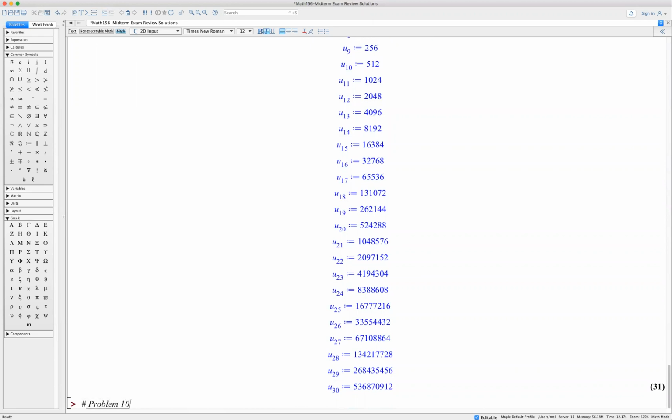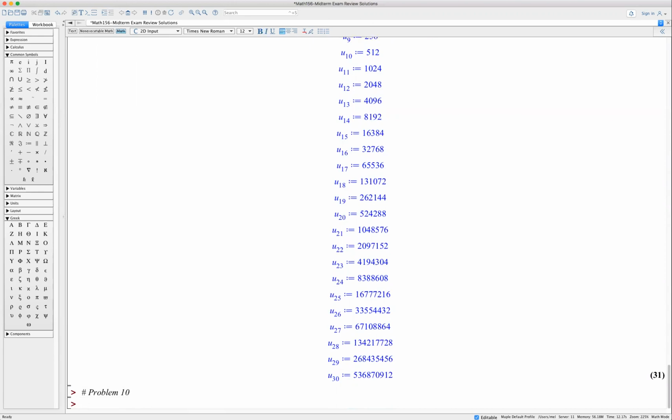Problem 10 is to find the smallest positive integer n such that the sum of 1 over k, from 1 to n, is bigger than 10.